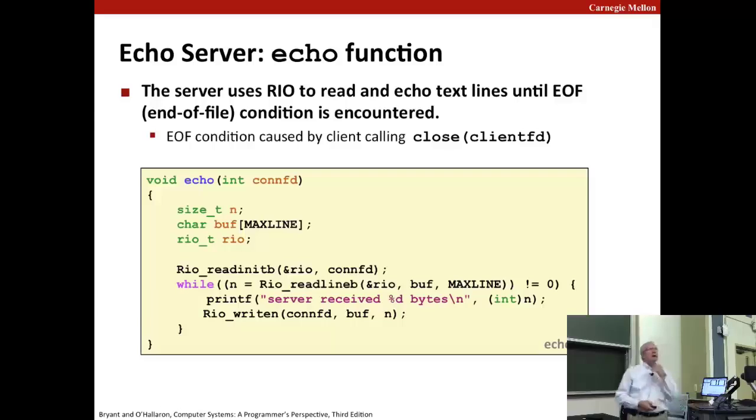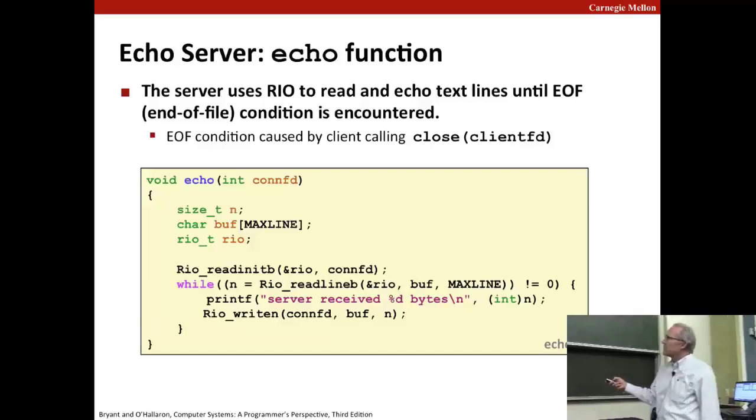So let me just look one more. This now is the echo function that the server uses, and it's pretty straightforward. In fact, it looks kind of like what you just saw, except it flips around the reading and the writing. It will read some number of bytes over the connection file descriptor. And if that's a non-zero number, then it will echo that back by writing it.